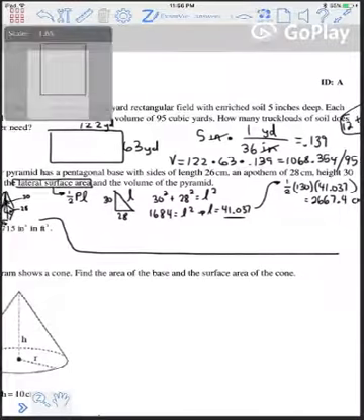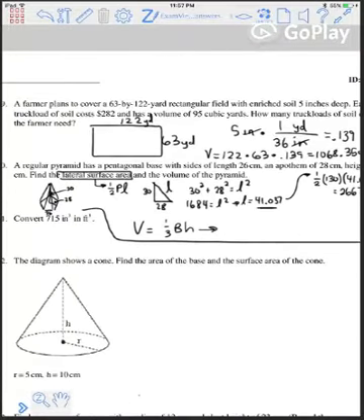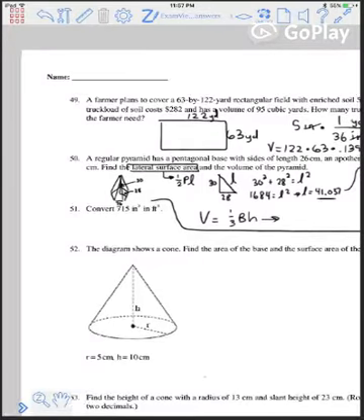And then it asks for the volume. Volume is 1/3 area of the base times the height. So the area of the base of a pentagon, I'll do that over here.